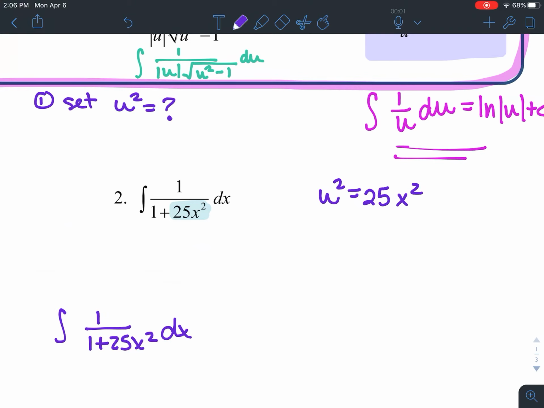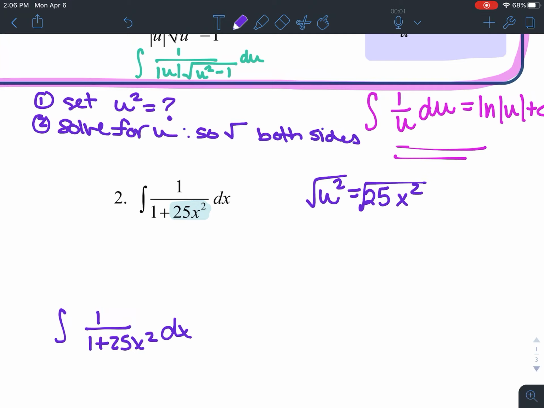Now, step 2, we're going to solve for u. So I need to take the square root of both sides. All right, so now I've got u equals 5x. What did I do here? I wanted to plug in 1 over u squared. Now I still have a problem here.